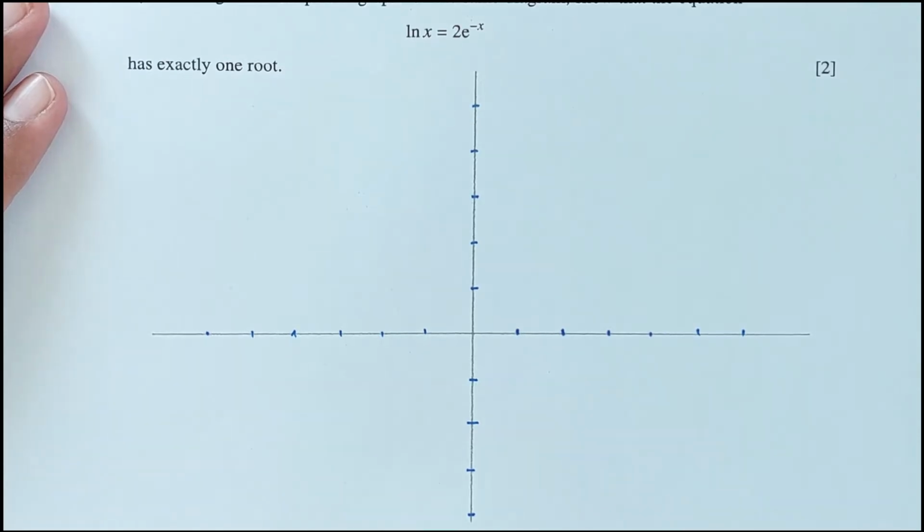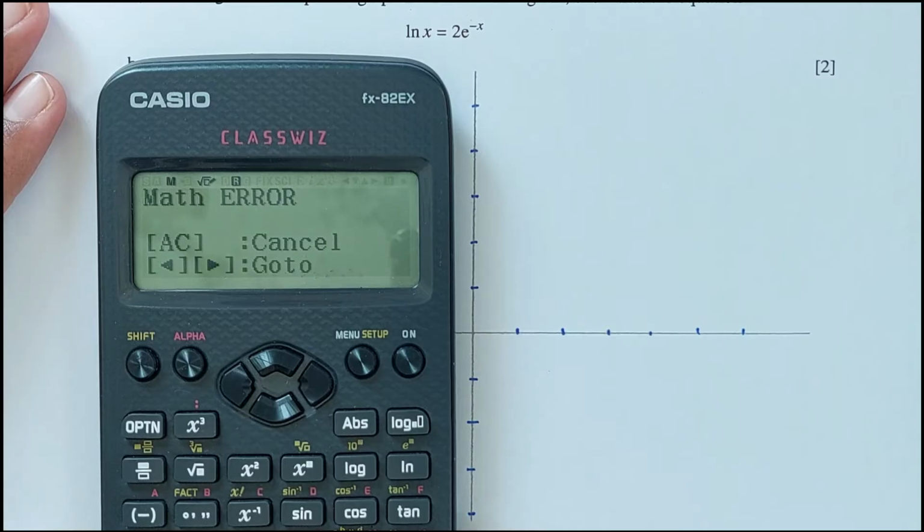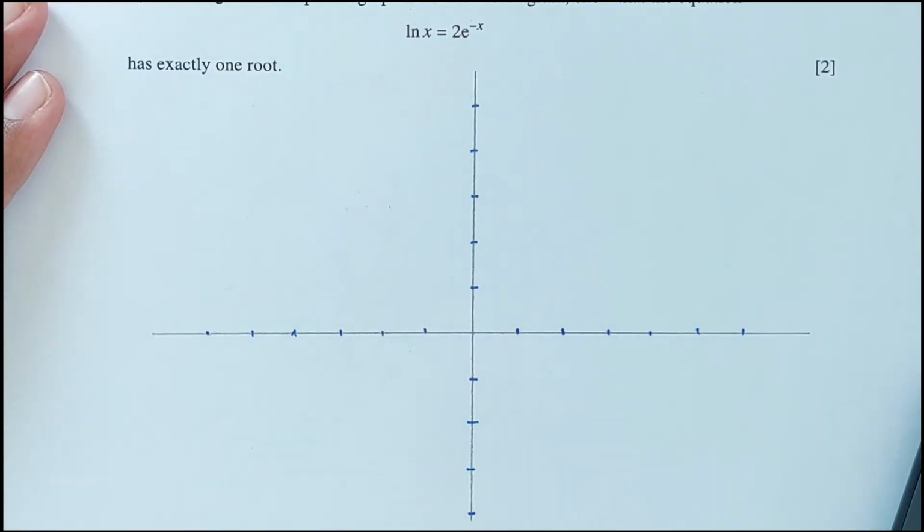So for ln x, we have to start with positive values of x, because ln of negative numbers is undefined and ln of 0 is also undefined. Ln of 0 is minus infinity, so it's downward, right? So at 0 it is undefined.